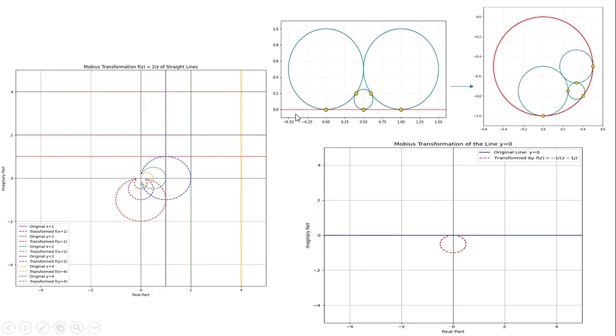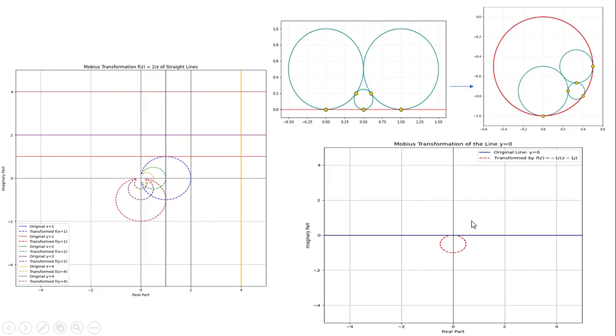So we wanted to show that these two configurations are equivalent, and they are through Mobius transform. So this circle, this red one, turns into, keeping the pole at, so essentially the infinite line is closing to a circle.